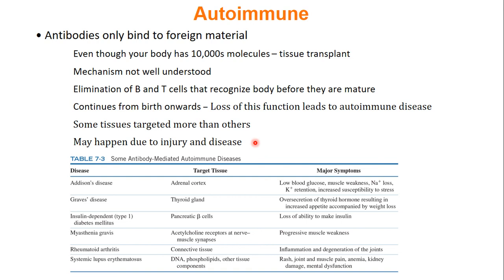Well, antibodies could get into your brain and they would recognize antigens they've never seen before. They would recognize these as foreign, and then your body would attack your brain. That's just one example. But here are some other diseases: your adrenal cortex, your thyroid gland, pancreatic beta cells, connective tissue, and DNA, all being attacked by your own antibodies.